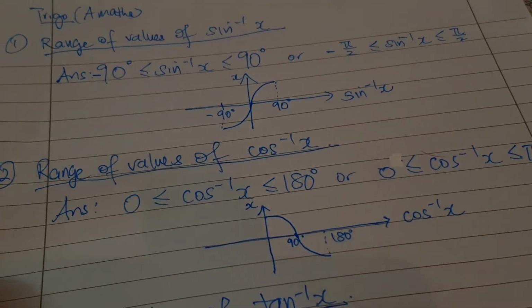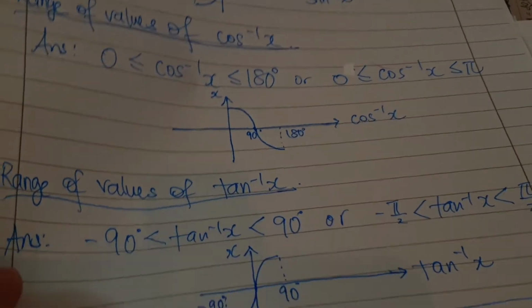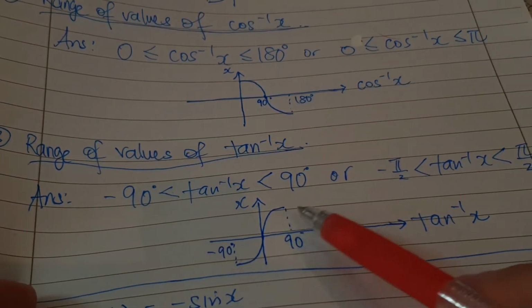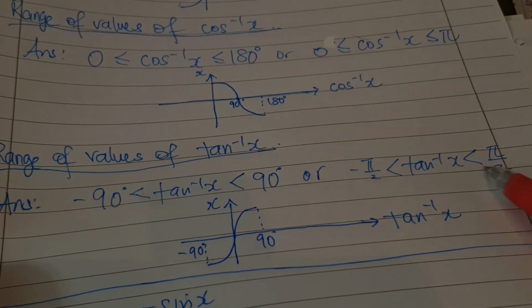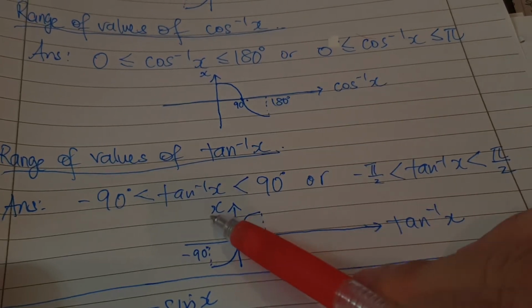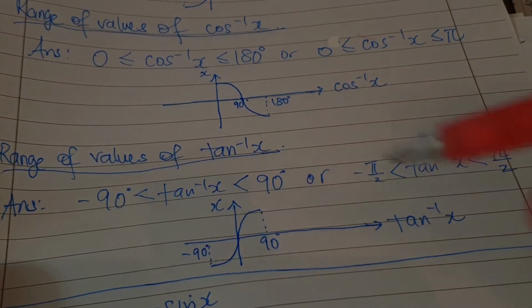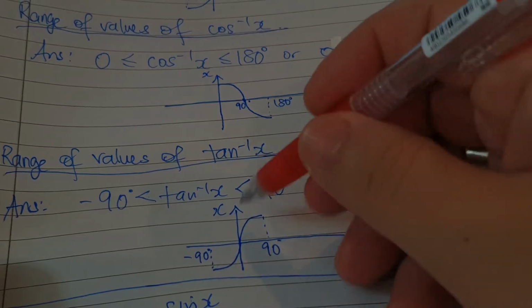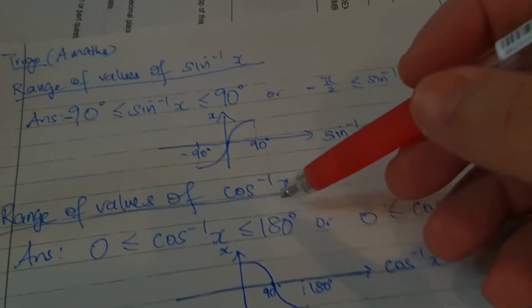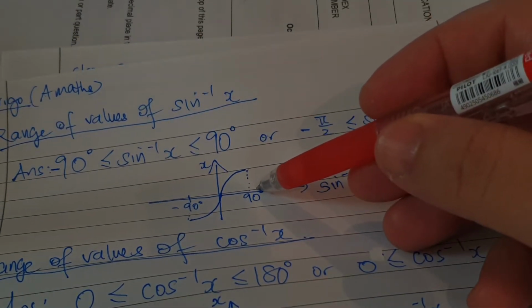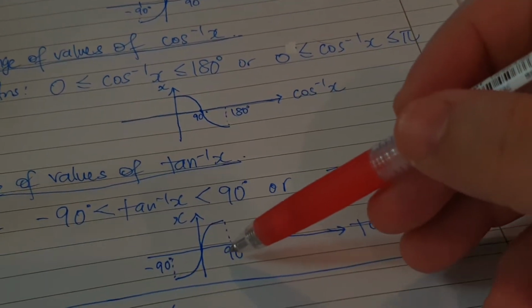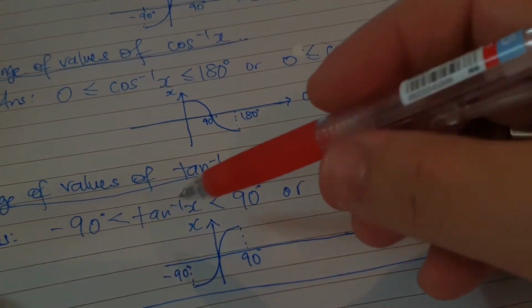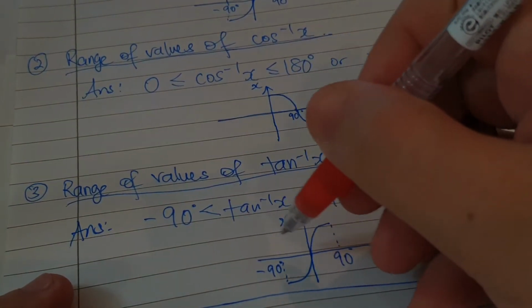Then now, if I go to tangent, again it's from minus 90 to 90, or minus pi over 2 to pi over 2. But note the difference, it cannot include these values. Oh, it's wrong, terrible. This is wrong. This is sine inverse. This is not the shape, so what should the shape be?